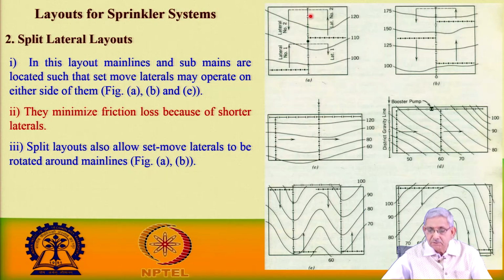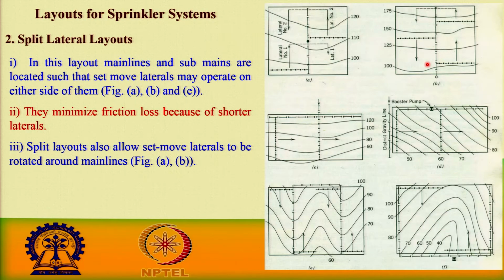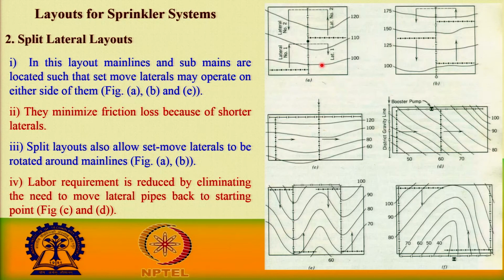So, we are moving the lateral in one direction about this particular pipeline. This movement is taken. This is another arrangement. You can see here the set move being rotated around the pipeline. First we are operating here, then we are operating here. This way the total size of the pump can be reduced.